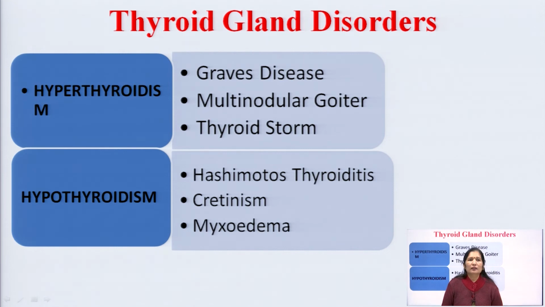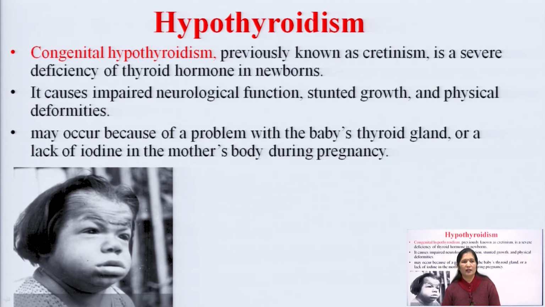Graves' disease, multinodular goiter and thyroid storm are a few disorders characterized by hyperthyroidism. Hashimoto's thyroiditis, cretinism and myxedema are disorders characterized by hypothyroidism, that is, reduced thyroid level.